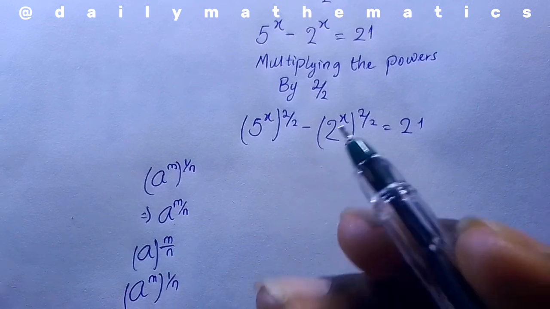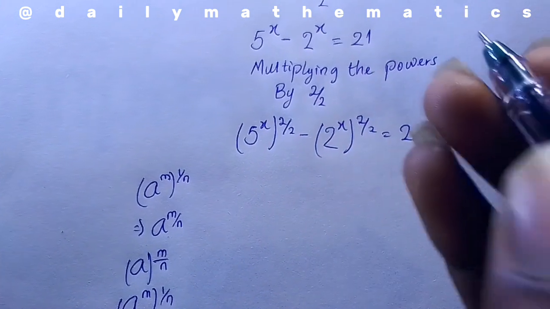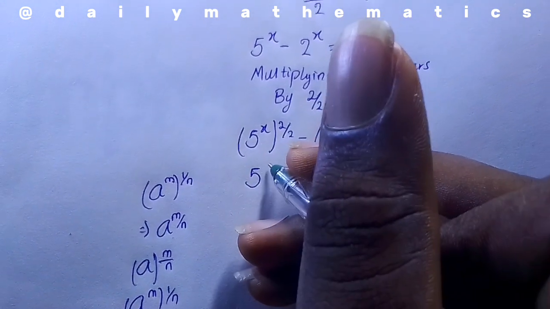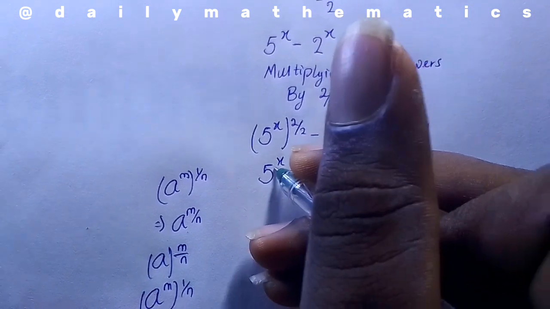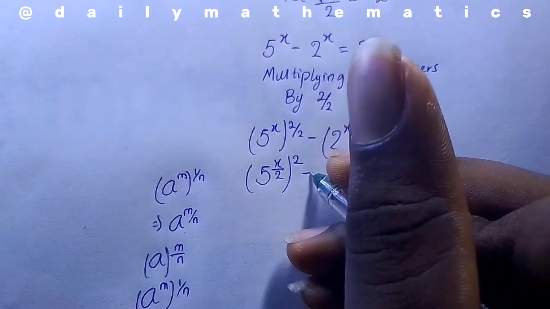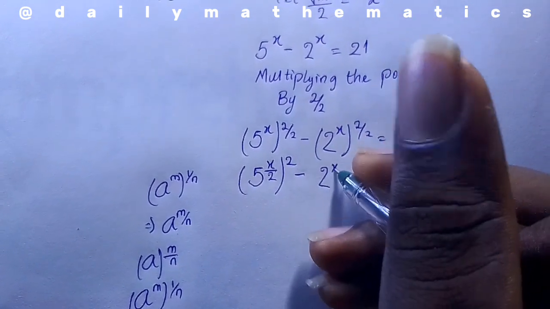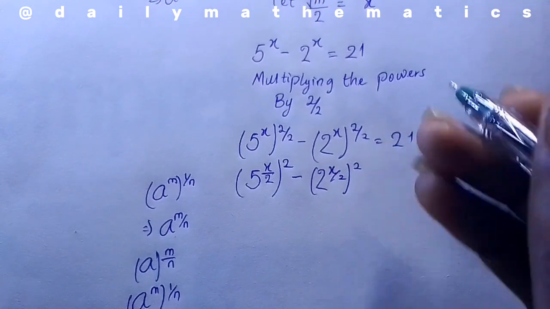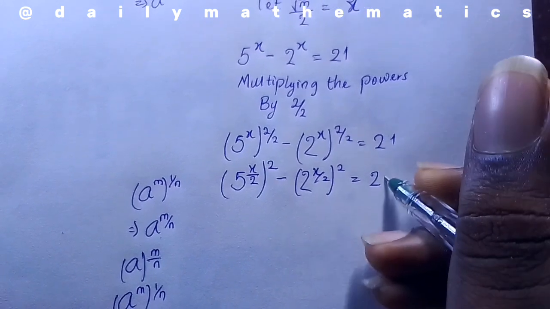Yes, it can have something like that. So from here we are going to have 5 raised to the power of x over 2, squared, minus 2 raised to the power of x over 2, squared, equals 21.